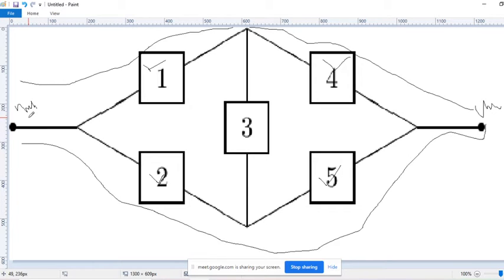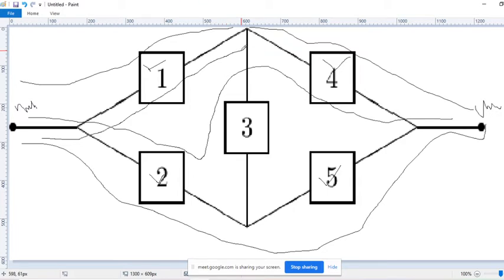Yeah, the signal can go through 1, 2 and then move to 3, and then go through 4 and reach here. And another possibility, this is a minimal requirement: the signal can go through 1, then move to 3 and then go through 4 and reach there. So these are the paths, and there are other paths also.